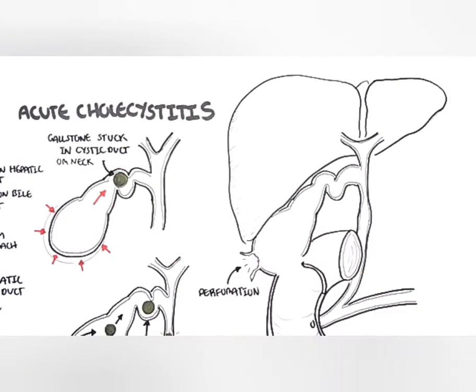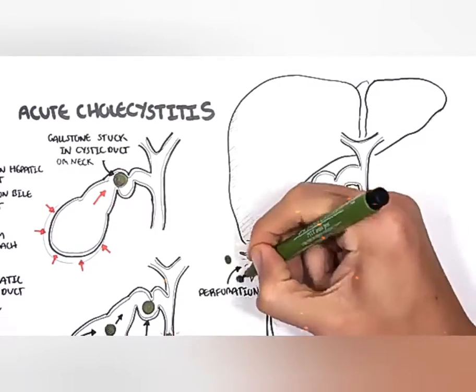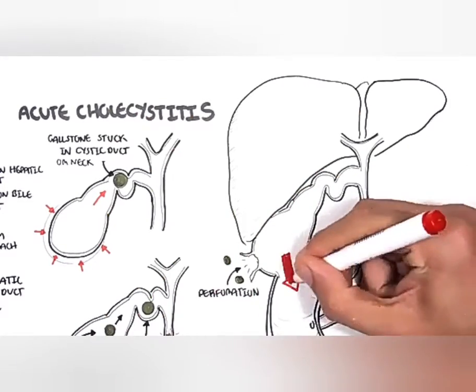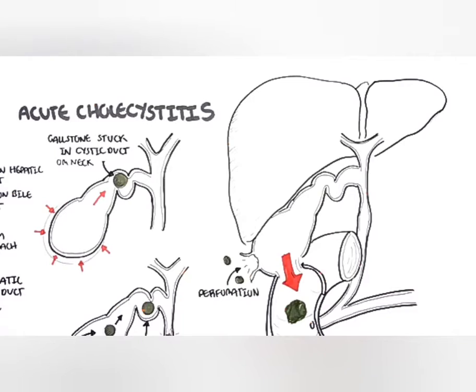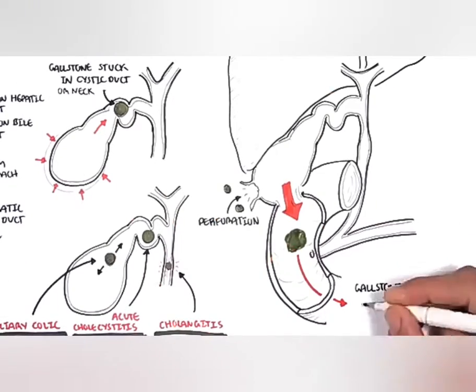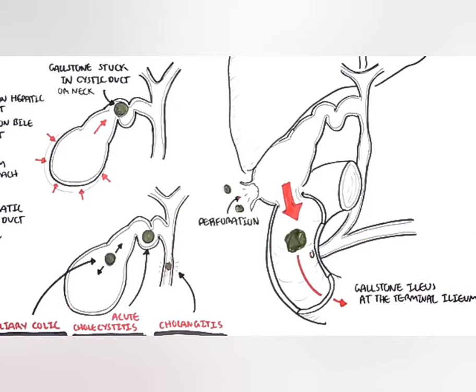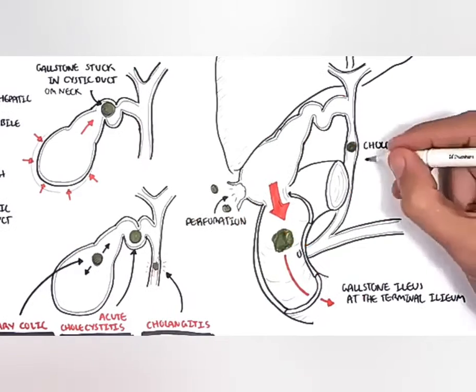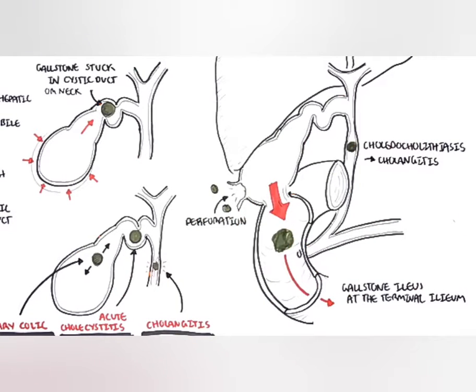Other complications include perforation of the gallbladder, and gallbladder duodenal fistula, which allows large gallstones to pass through, causing gallstone ileus at the terminal ileum. Gallstones can trigger cholangitis from cholelithiasis when it obstructs the common bile duct.